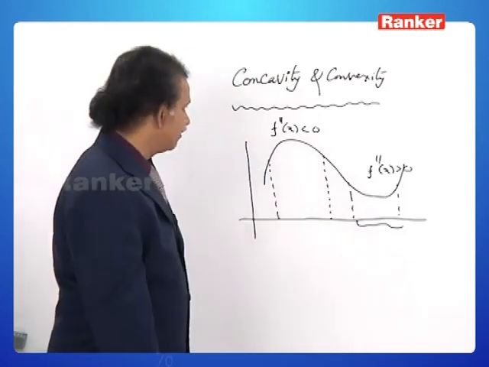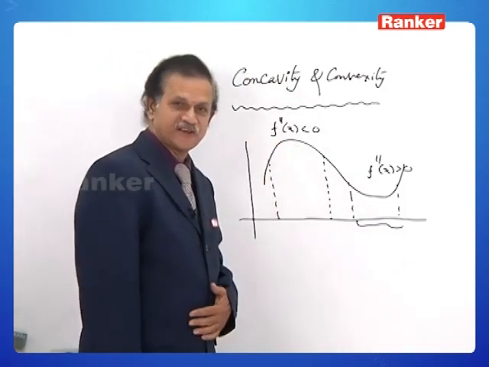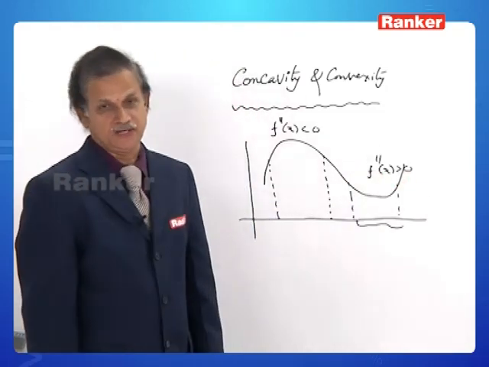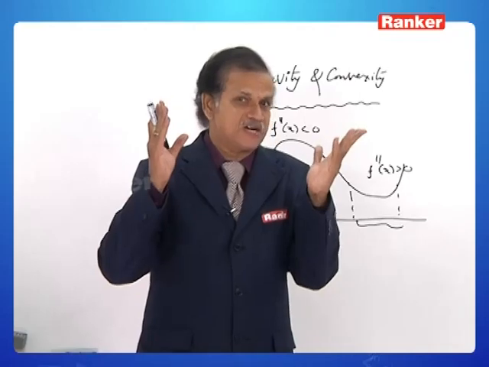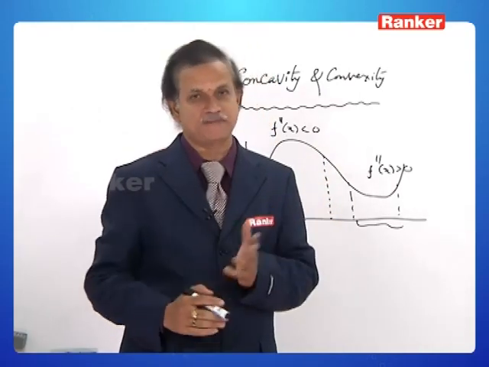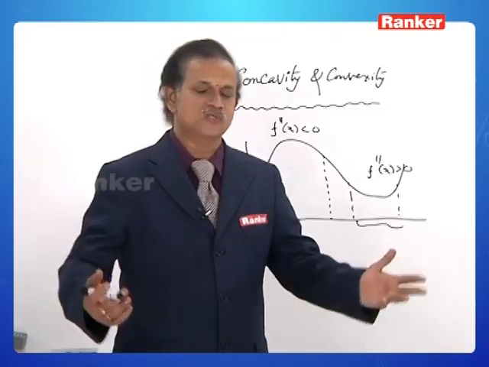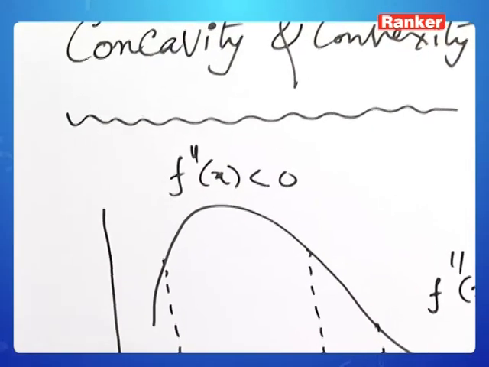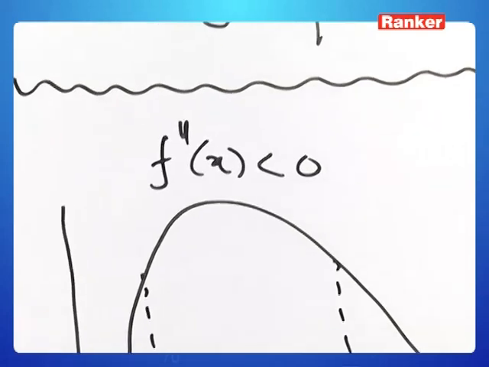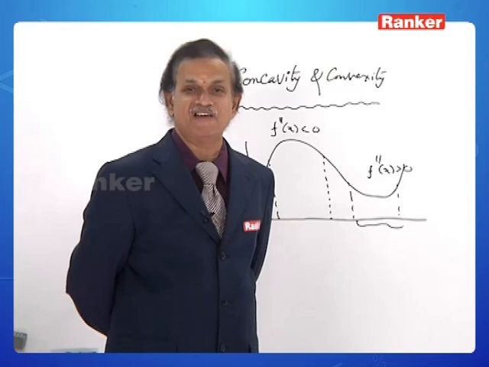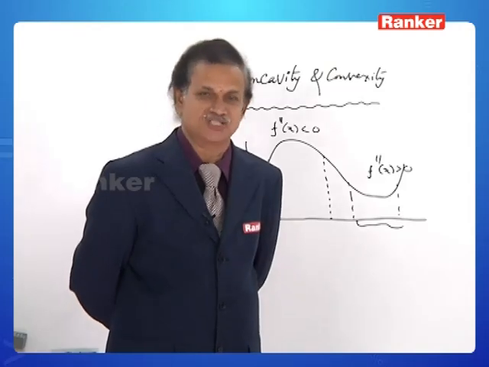Yes. f double dash x is less than 0 for this shape, and f double dash x is greater than 0 for that shape. There might be some other functions for which f double dash x equals 0. Of course, that is the special case, and the point at which f double dash x equals 0 is called a point of inflection.